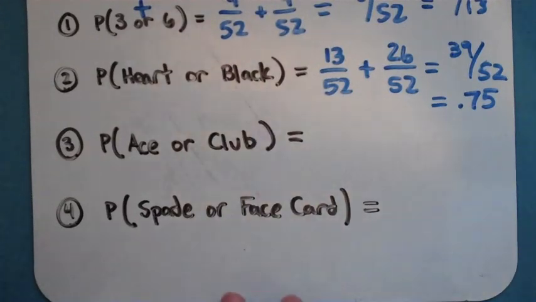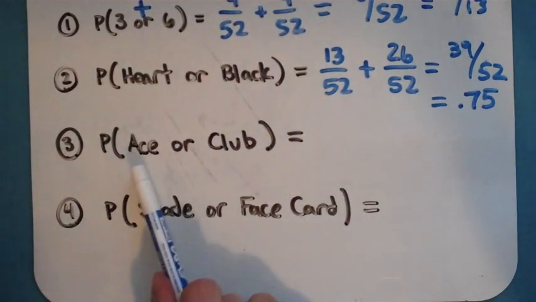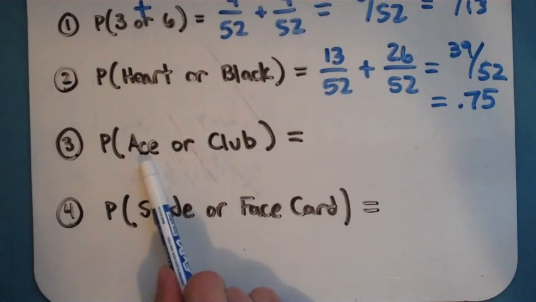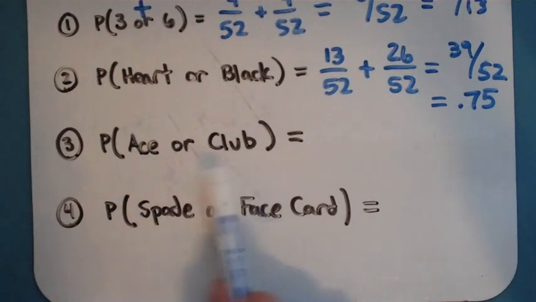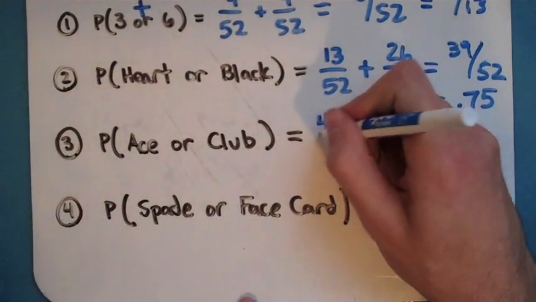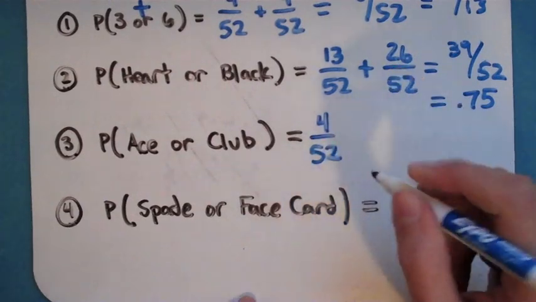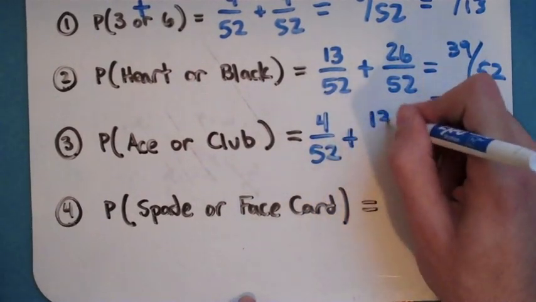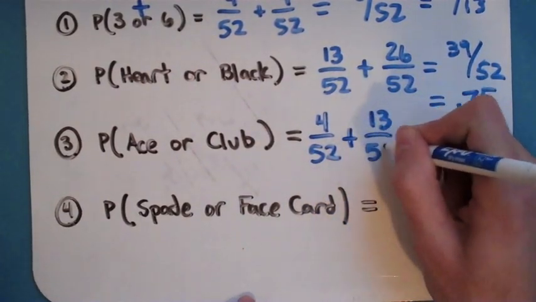Moving on to our third problem here. We want the probability of ace or a club. Now this problem does have overlap. The ace of clubs is counted here in aces. It gets counted again over here. So there's one card we would count twice. All that means is we're going to do probability of ace, 4 out of 52, plus probability of club, 13 out of 52.